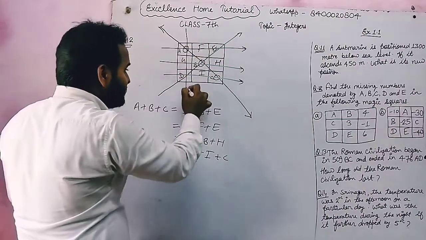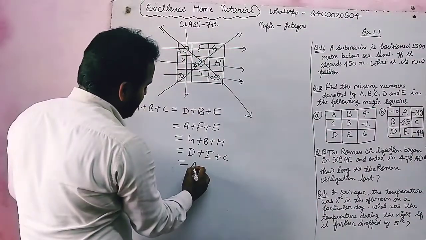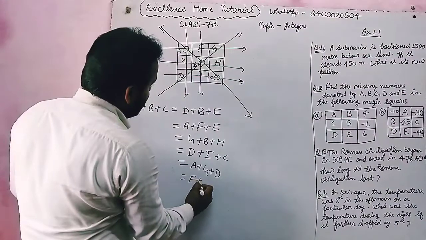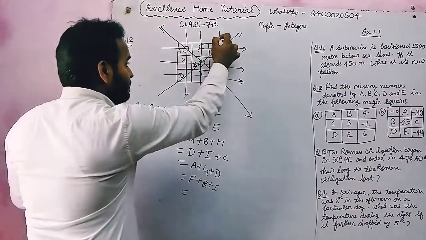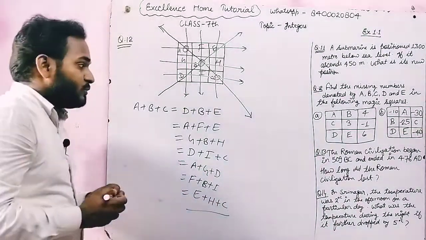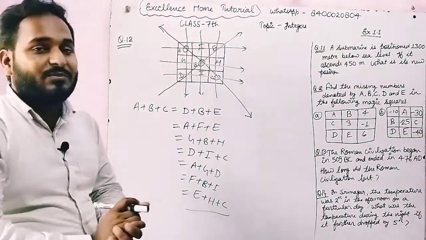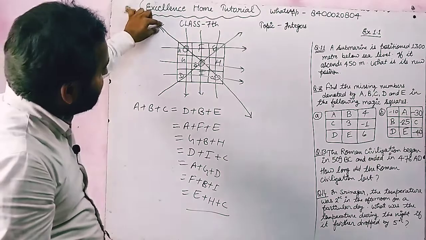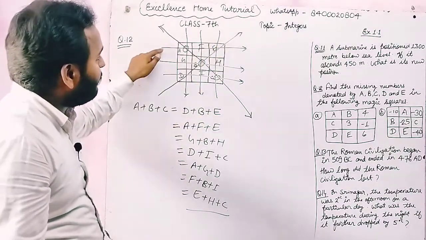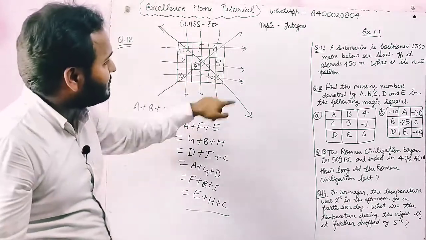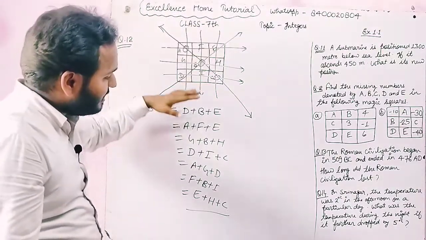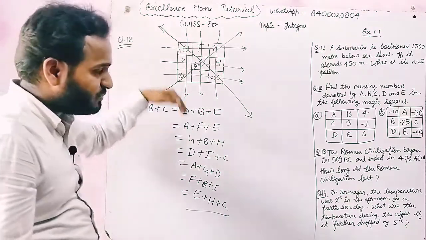Column first equals A plus G plus D. Column second is F plus B plus I, and column third is E plus H plus C. So a magic square is a square in which numbers are represented, and the diagonal first sum, diagonal second sum, row first sum, row second sum, row third sum, column first sum, column second sum and column third sum, all results must be equal.